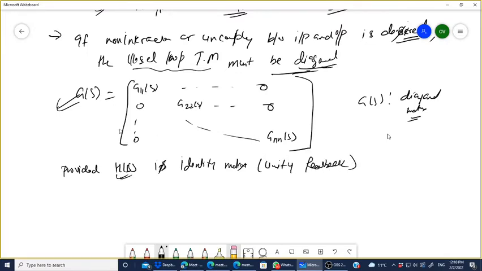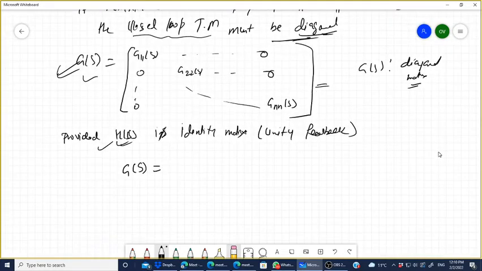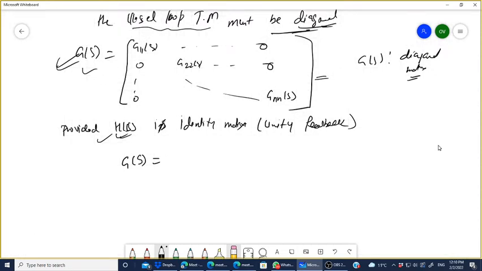For the closed loop system, we need G_CL(s). G(s) is given in the diagonal matrix, and the characteristic of this matrix is given like this. And how is the transfer matrix calculated? You already know; we have already calculated it for the closed loop system.